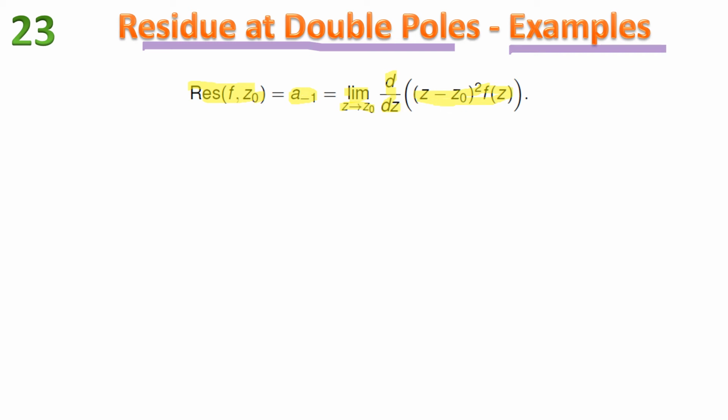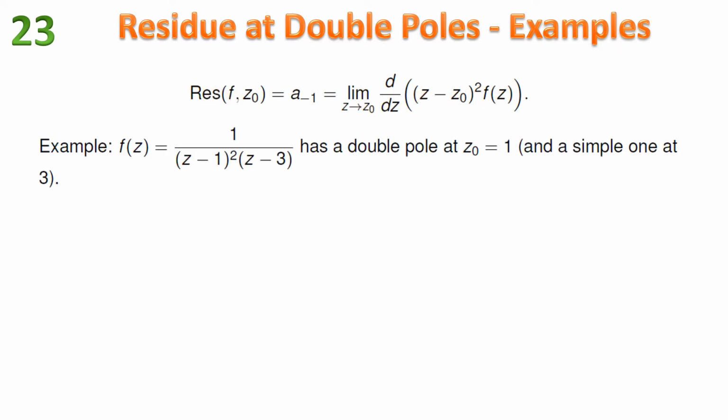If you do that, you can find a minus 1, which happens to be the residue of the function. Now let us deal with the example which we have already handled in one of the earlier videos. f of z is equal to 1 upon (z minus 1) whole square into (z minus 3). So this function has a double pole at z0 equal to 1 and a simple, single pole at z equal to 3.